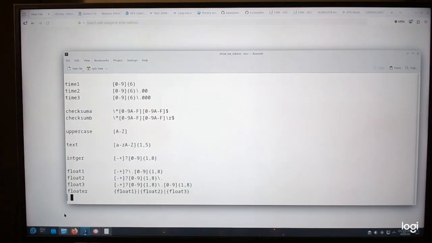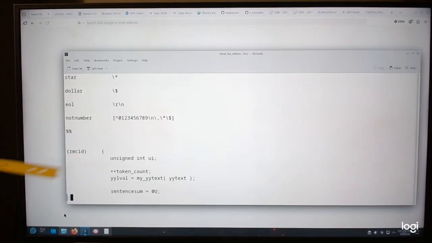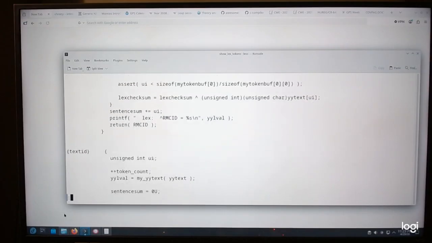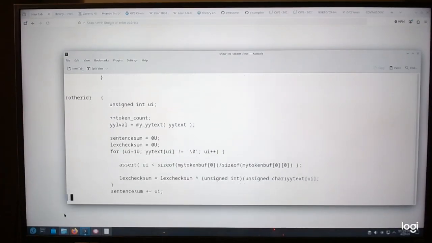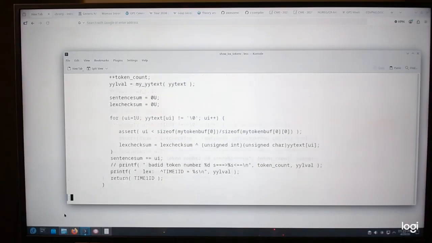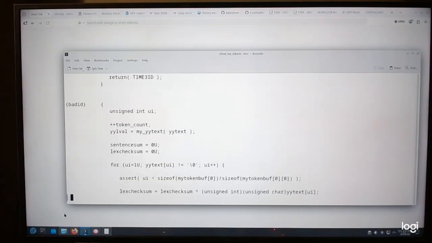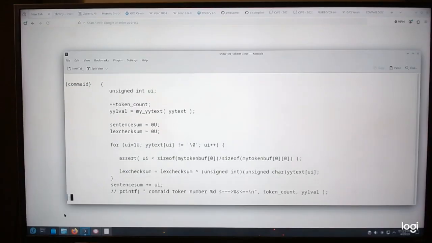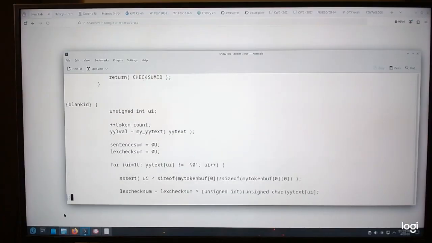And so what I'm talking about is down here where I'm listing my rules for Lex. Let me move on down a little bit. For each of these rules that I've listed, if it matches that pattern, it wins.